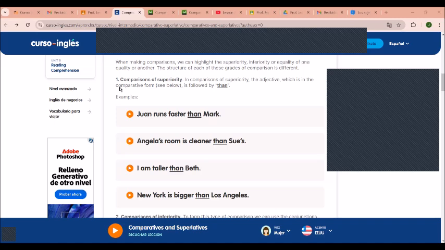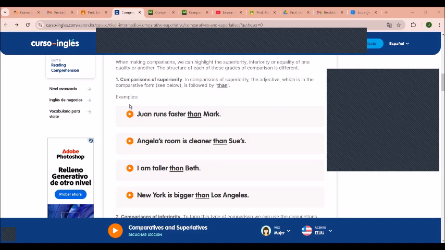So remember, basic adjectives, comparative forms, ER. Now, there might be other ways of changing the comparatives based on the ending of the word or the sounds in the word. But the basic rule is comparatives are the ERs, mostly with our simple adjectives that have only one or so syllables.